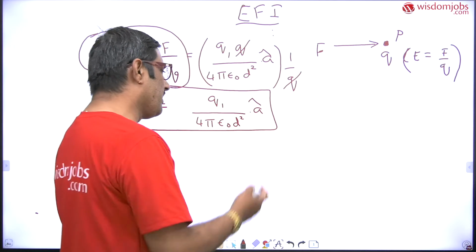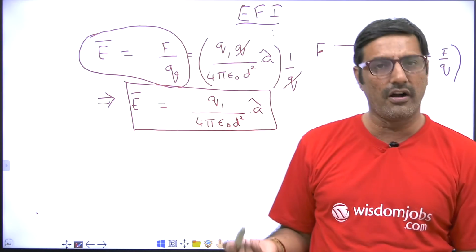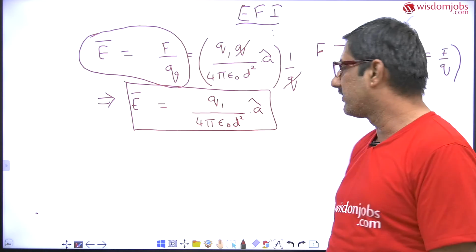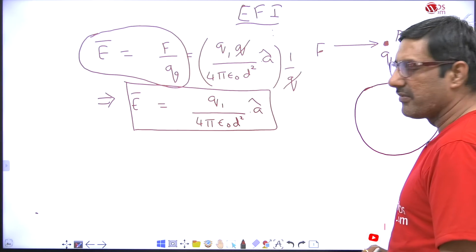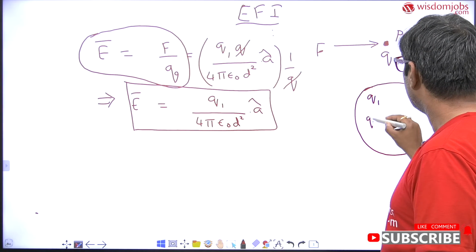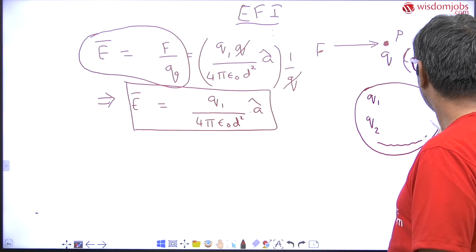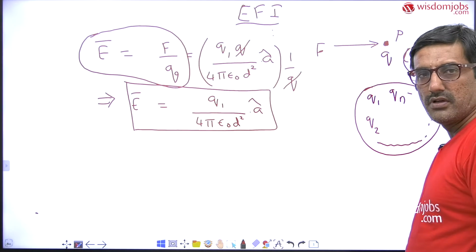Now, in a similar manner, let us extend this definition of electric field intensity to n charges. Let me say an electric field contains n number of charges, which I name Q1, Q2, like that, up to Qn.